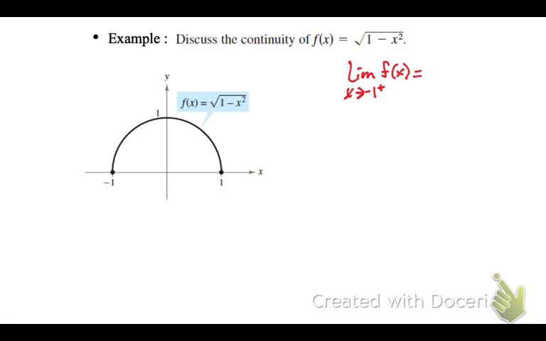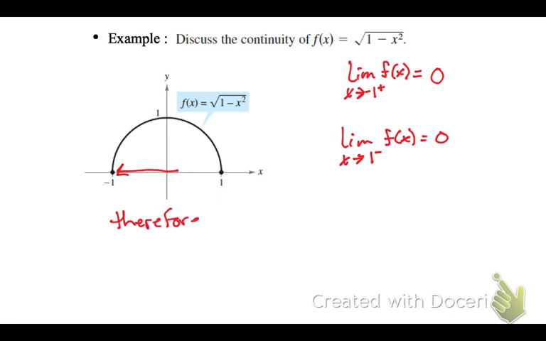So what is it as it approaches -1 from the right? 0. And the limit as x approaches 1 from the left? 0. So is it continuous? Yes.